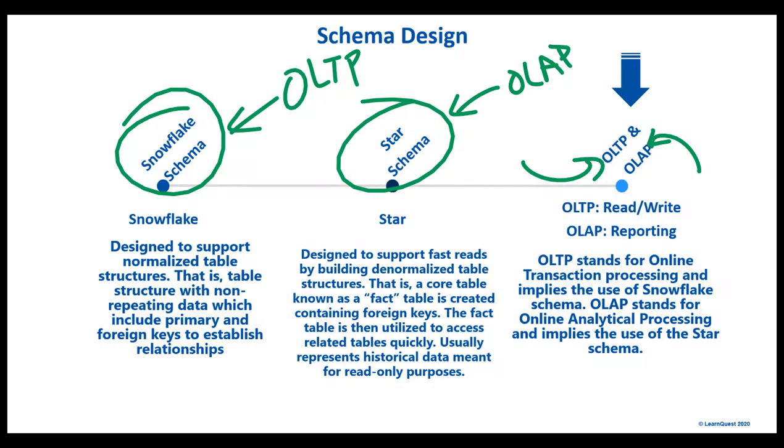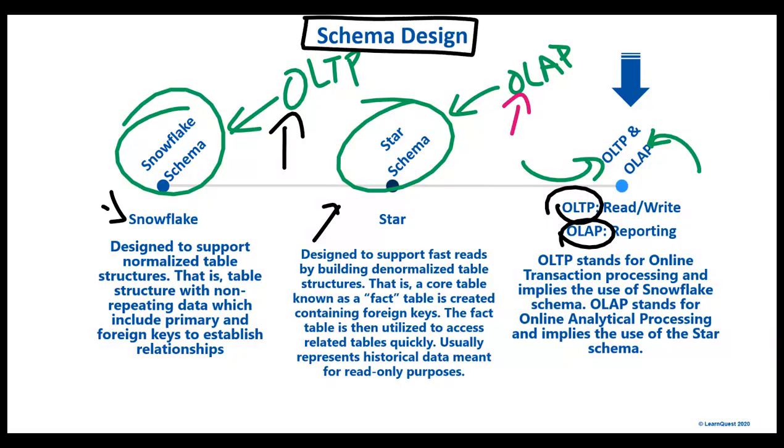When you're reporting on data, you need to read it fast. When you are writing data to a table, you want to be sure that the data that you're writing is not repeated in the table that you're writing it in. So OLAP versus OLTP. Read, write, and usually reporting. Star schema. Snowflake schema. And that's really the gist of schema design.